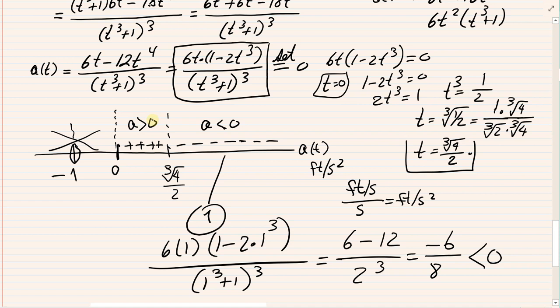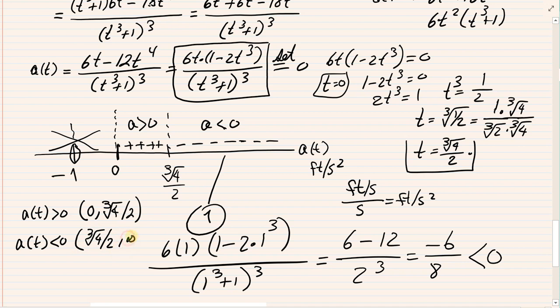Okay, and the answer to the question, acceleration is positive from 0 to cube root of 4 over 2. And the acceleration is negative as we go from cube root of 4 over 2 to infinity.